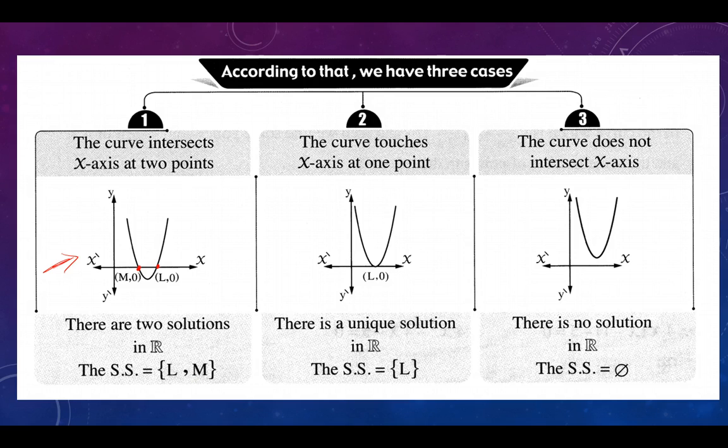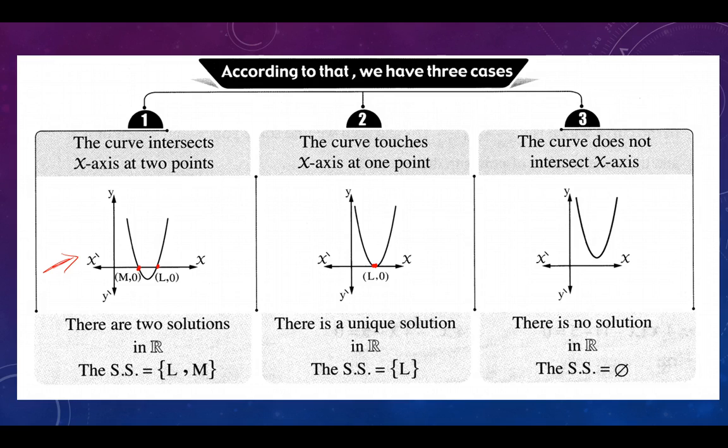Okay? The second case, the curve touches x-axis at 1 point. Here you can see that the curve intersects x-axis at the point L0. So the solution set will be the x coordinate, which is L only. Okay?